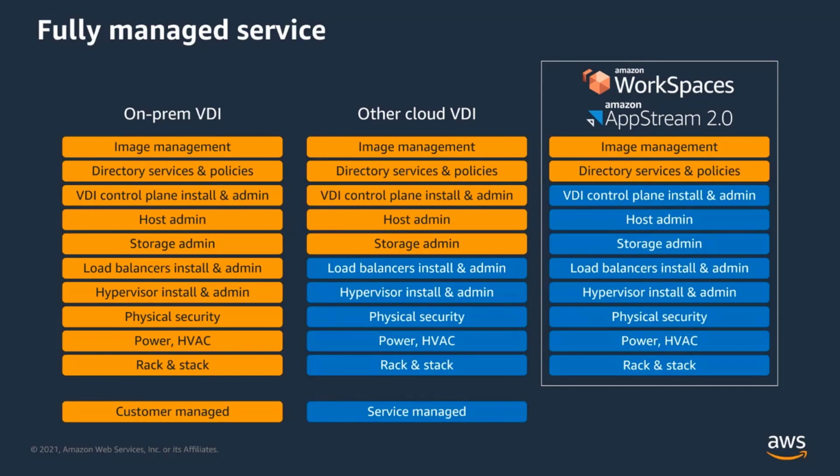Taking a look at the graphic, we see that AWS owns everything except the base image and policies. By abstracting away these infrastructure layers, IT no longer has the burden of performing undifferentiated build or maintenance activities. And procurement no longer has to go through the laborious process to add infrastructure, which typically takes anywhere from 12 to 16 weeks.